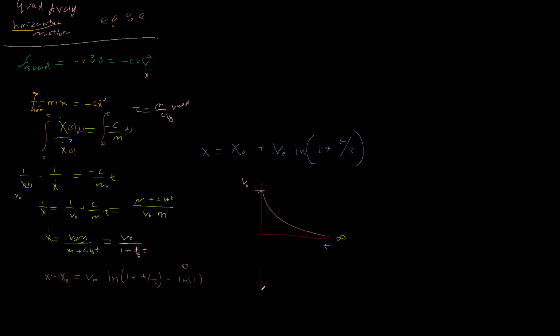Now, if we had our other graph of x over time, this time we're not bounded. We start at x naught, and this is going to basically grow to infinity, because natural log of infinity is infinity. So those are our graphs.